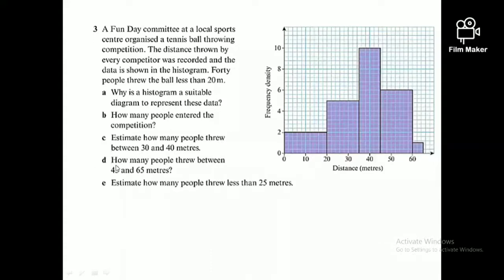Right. Okay. How many people threw between 45 to 65 meters? 45 to 65, it's over here. We need to find out the area over here and multiply with the scale of one box.